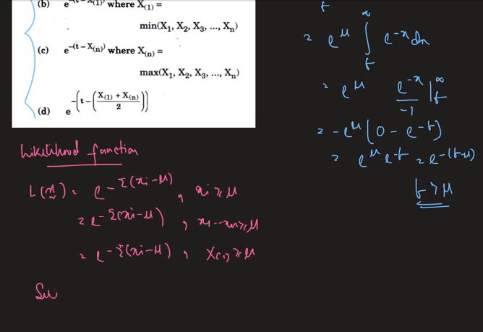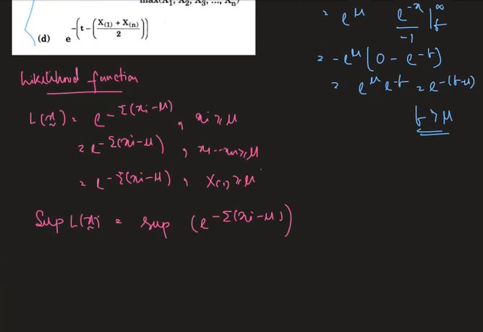Now we have to find the supremum of L(x), that is the supremum of e^(-sum over (xi - mu)). Now from this condition we can see that the supremum of mu is x order 1. Therefore we can write that the MLE of mu is x order 1.